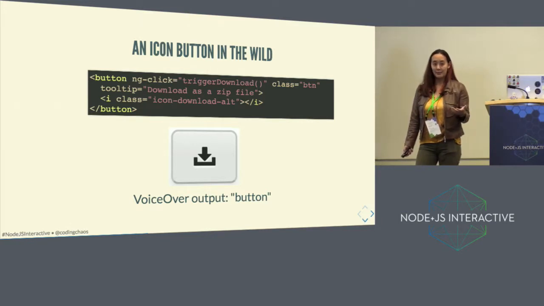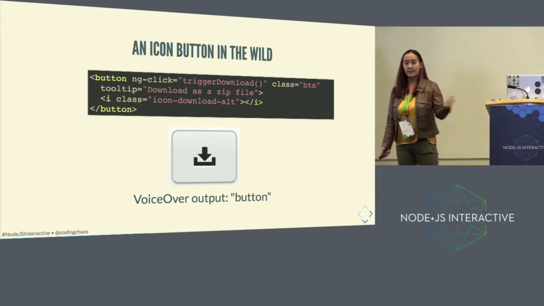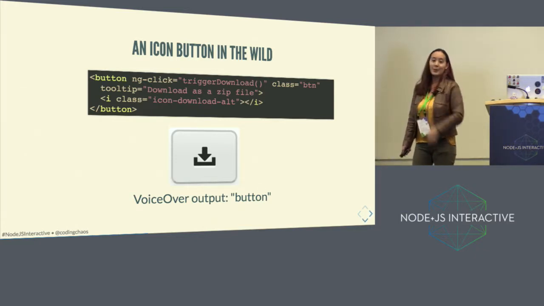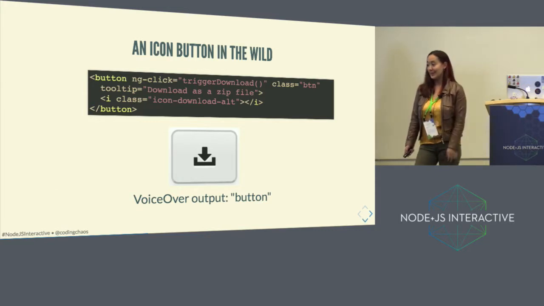And what a screen reader will hear when it lands on this is "button." And it might actually be worse than that, depending on verbosity settings and what screen reader browser combination you're using, because it might try to read the icon glyph. So that is real. That is actual code that I copied from the internet last week.